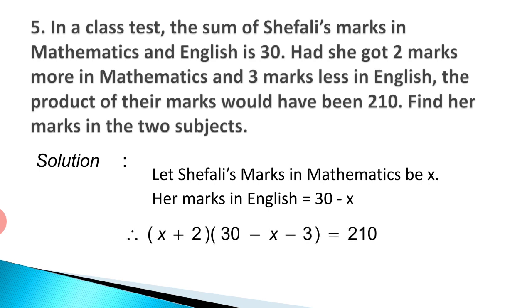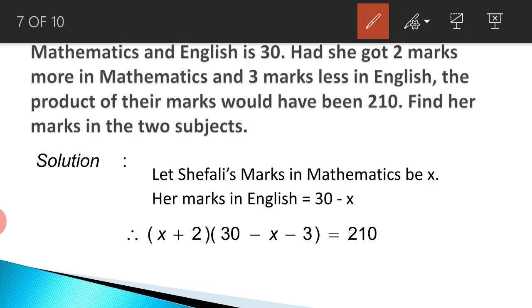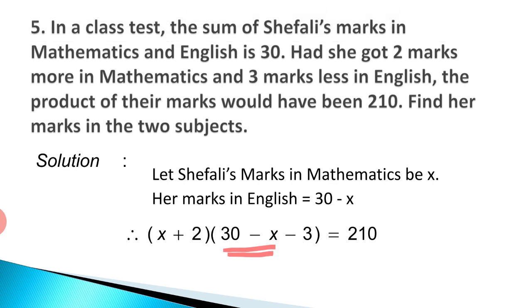Now what is the condition? 2 marks more in mathematics, that is x plus 2 into 30 minus x, that is marks in English, minus 3. 30 minus x are marks in English and less by 3, that is minus 3. And product of these two marks is coming 210. So what does it mean? x plus 2 into 27 minus x is equal to 210.